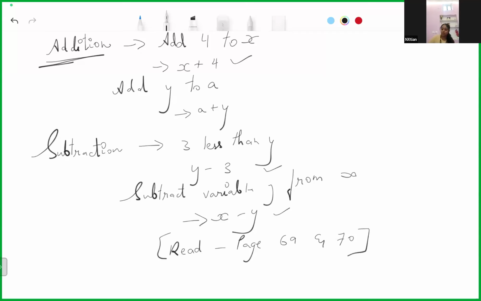Now, multiplication. Very simple and basic. Just like I always explain, you write the number and variable together.